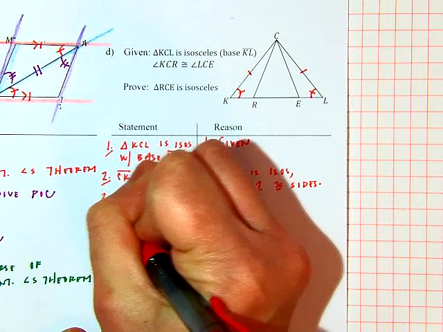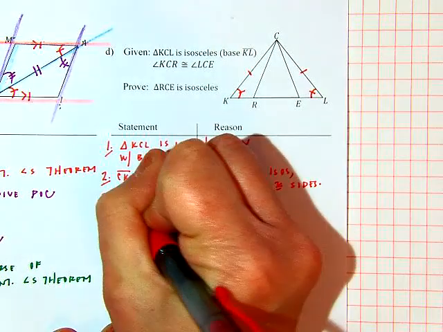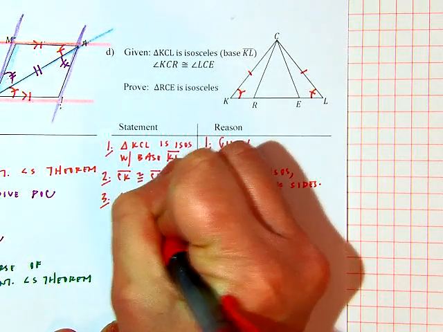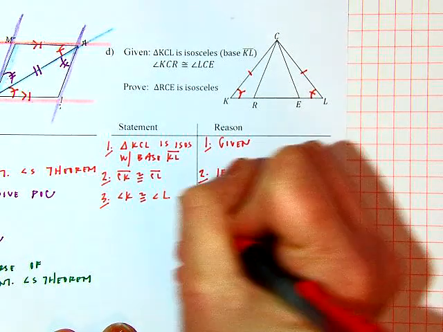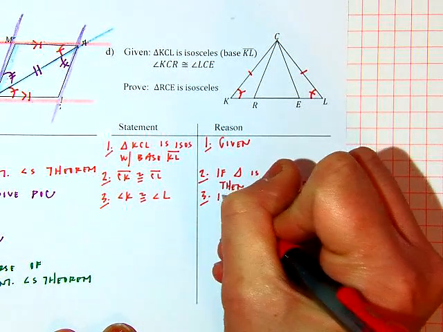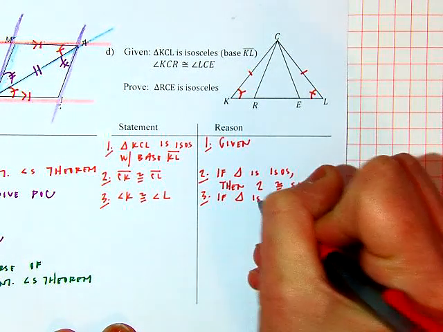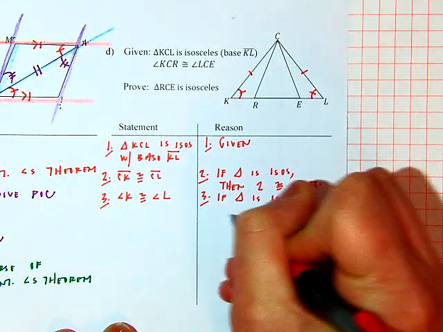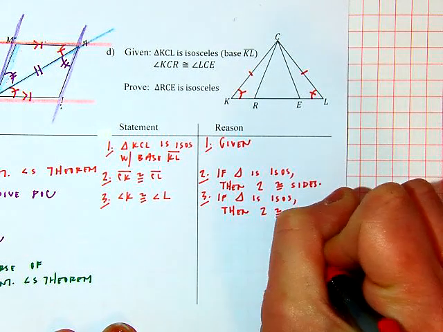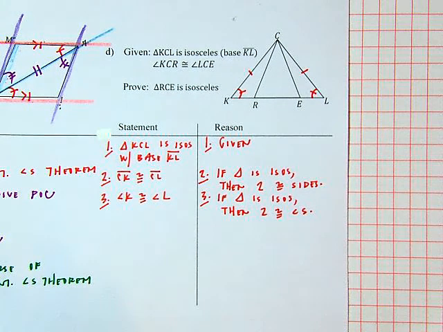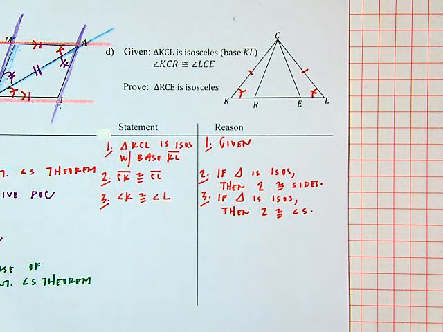So it's another place where I can build off of my triangles being isosceles. So when we have isosceles triangles, right, sometimes we link up their sides and sometimes we link up their angles. And here we're doing both.